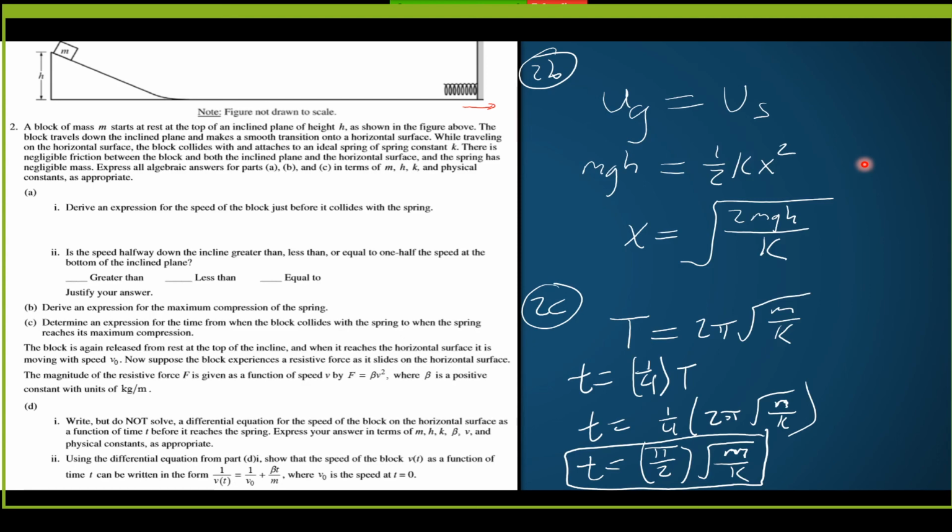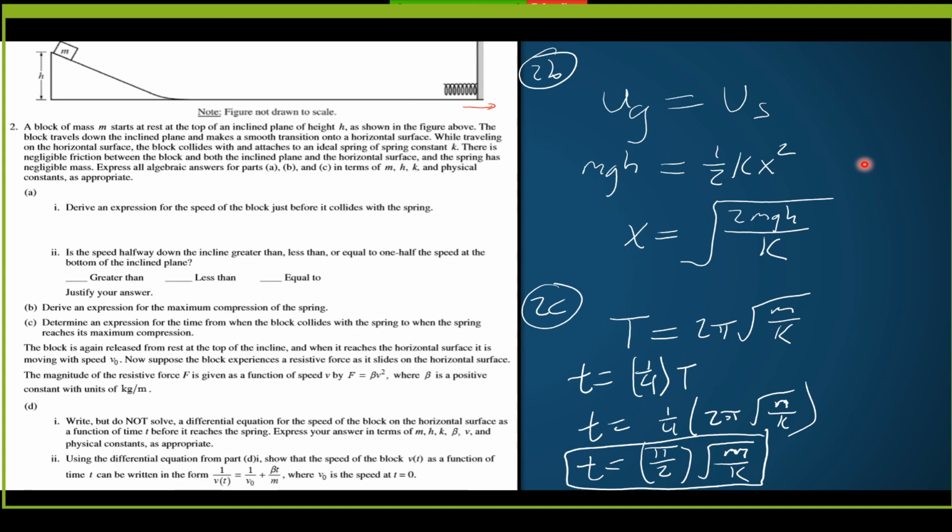Okay, 2c. I want to determine an expression for the time from when the block collides with the spring to when the spring has reached its maximum compression. So I do have an equation that involves time, which is my period. That's the time it takes to complete one entire oscillation of the spring, equal to 2 pi times the square root of m over k. The time that we want, from when the block collides with the spring to when we reach the maximum compression, would be a quarter of that period.